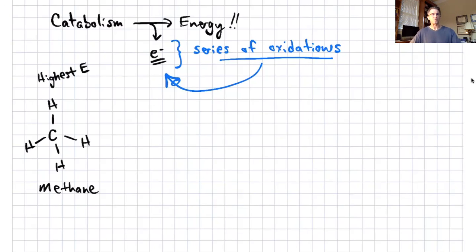It's the most reduced carbon for a simple carbon we can come up with. And methane has a free energy, if you think about the free energy of hydrolysis, the free energy of oxidizing for each of these steps I'm going to talk about.